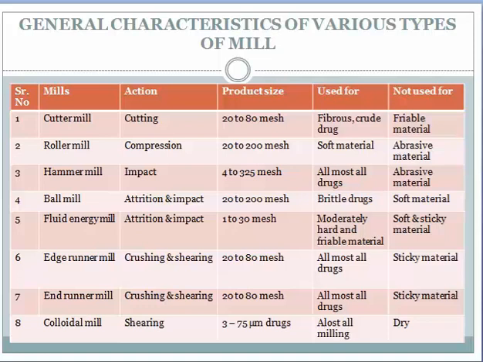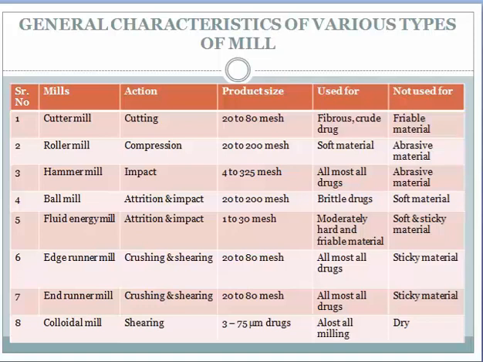It is used for almost all the drugs but is limited for abrasive material. In case of ball mill, attrition and impact forces are applied that will produce 20 to 200 mesh size. It is used for brittle drugs. It may not be useful for soft material.